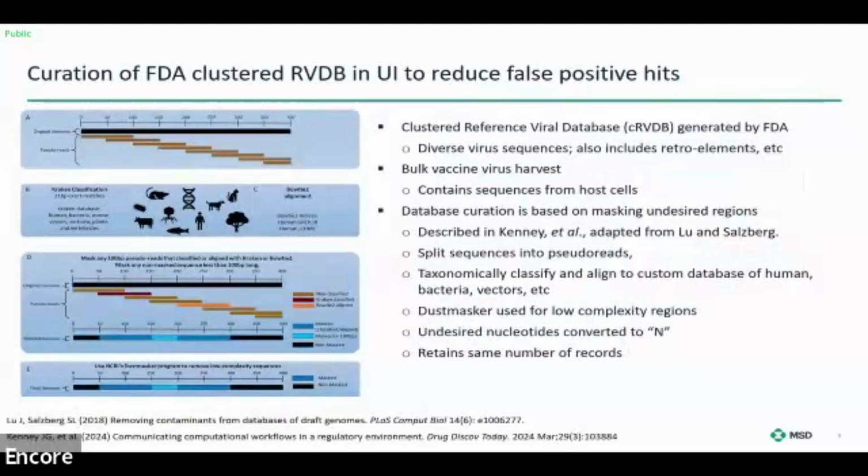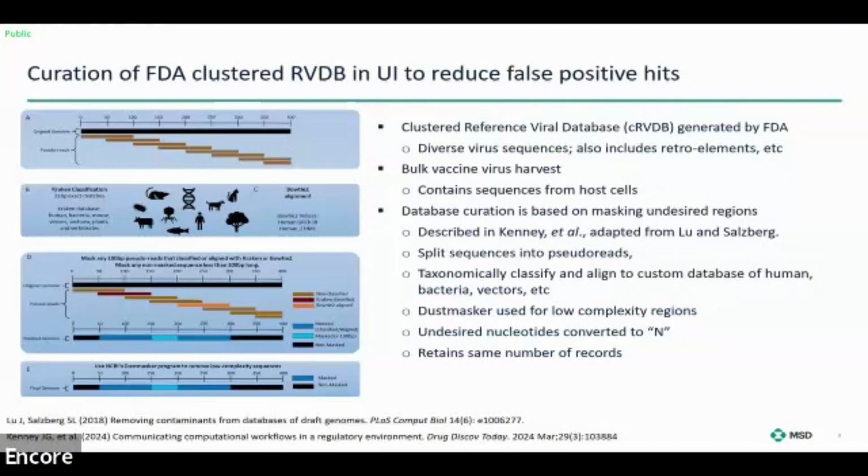So we curate the FDA clustered RVDB in order to reduce false positive hits. Basically, we have bulk virus harvests for the vaccines that contain lots of sequences from cells. So we are curating the database to mask undesired regions.